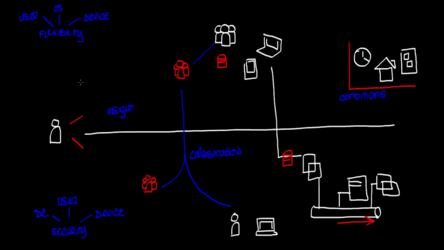We've seen ways that we're addressing flexibility at the user, operating system, and device level, providing greater choice through things like Google Chromebooks, providing greater user flexibility, even based upon conditions, using things like user environment management.